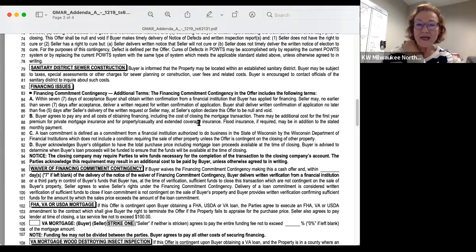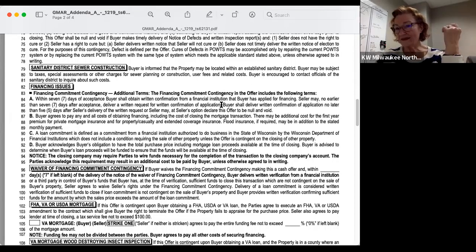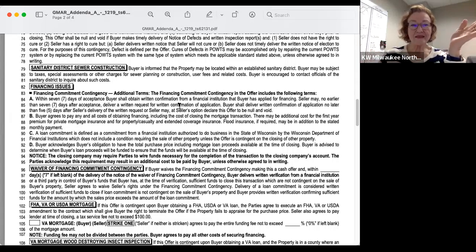Seller may, no earlier than 7 days after acceptance, so seller can give him 7 days, deliver a written request for that confirmation of application. So I've had many calls from, say, a listing agent saying, my seller is getting leery about my buyer. I don't think that they've applied for a loan yet, and I don't have their earnest money. If it's been a week, the seller can now deliver a written request wanting confirmation of application of loan.